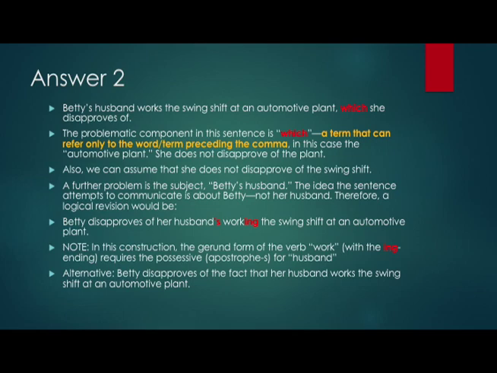So it's his working the swing shift. Her husband's working the swing shift. An alternative, if you can't remember, would be Betty disapproves of the fact that her husband works the swing shift at an automotive plant. So that makes it a little bit more simple, in not having to remember what we have to do when we use the gerund form.